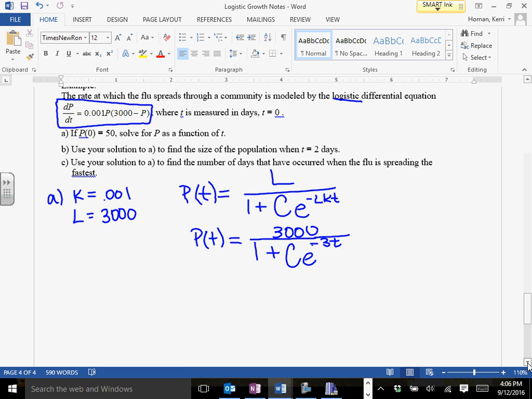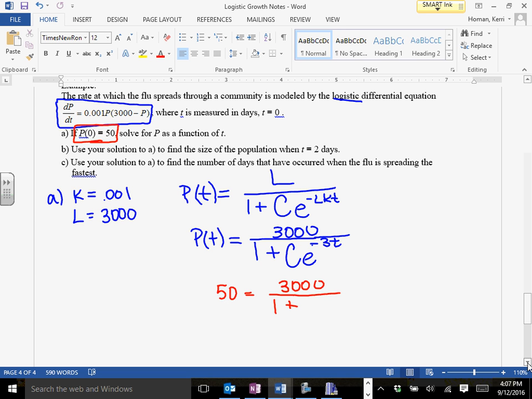So now we can use our initial condition to give us our C value. Okay. So we have a Y value of 50 when t is 0.